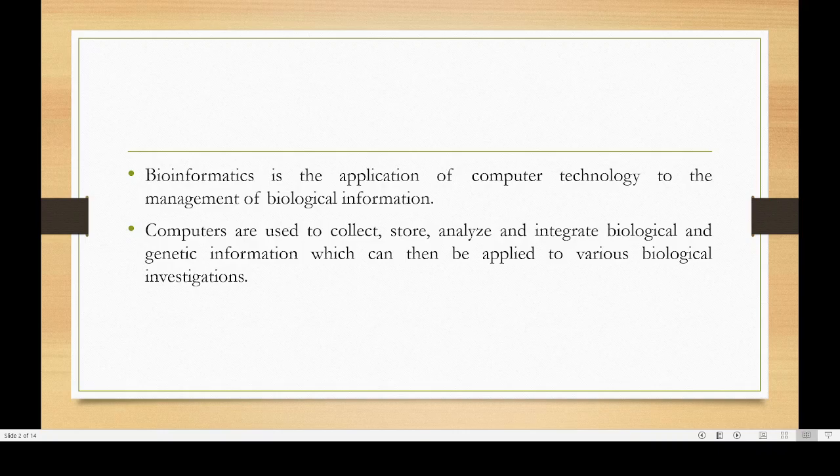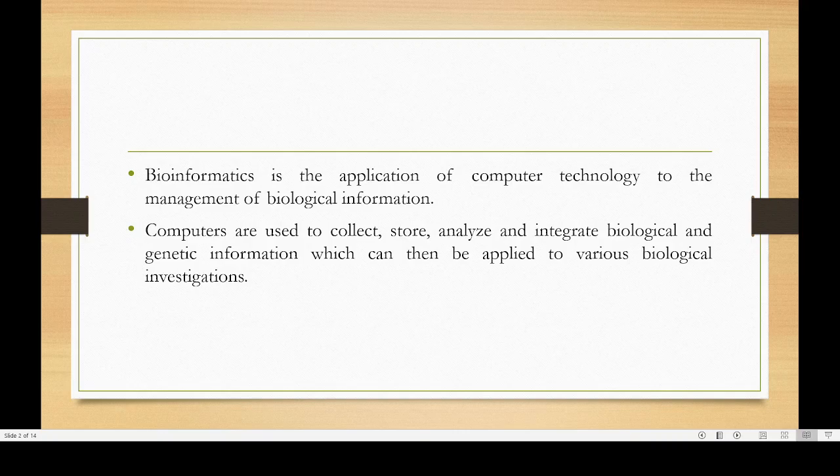So computers are used to collect, store, analyze and integrate biological information. What is the purpose of computers? One is storing of information. For example, just like Wikipedia, there is WikiSpecies. In that you will get information about all the animal and plant species of the world. Similarly there are different types of catalogs.